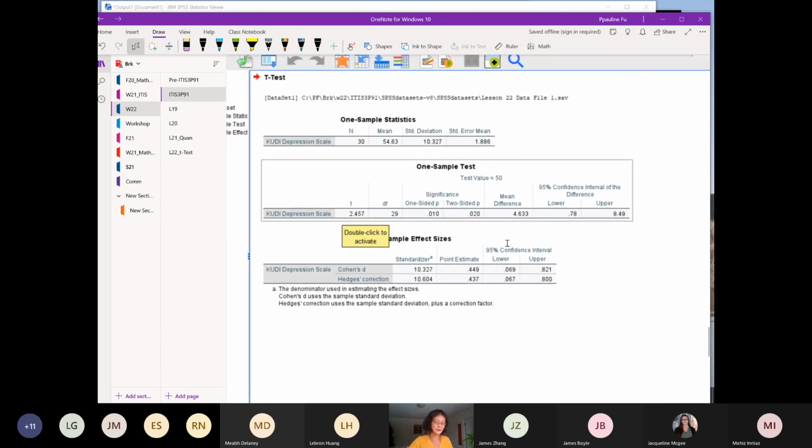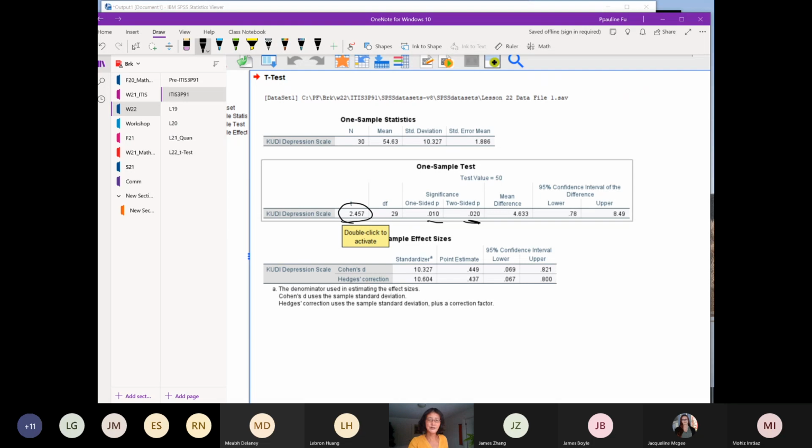So this is our test result. Our test statistic is 2.457. And if it is a one-tailed test, the p-value is 0.01. If it is a two-tailed test, the p-value is 0.02.